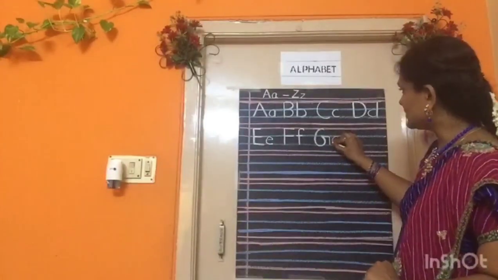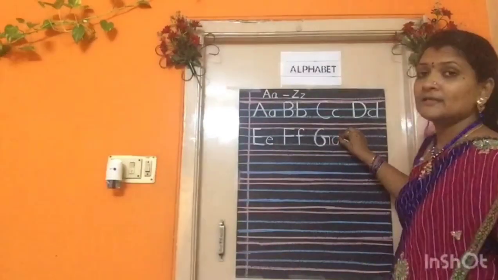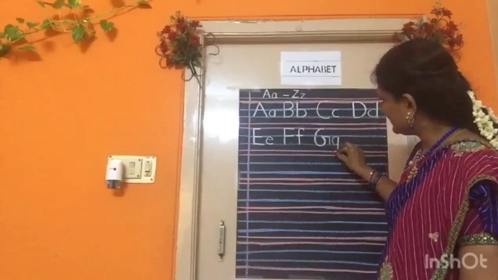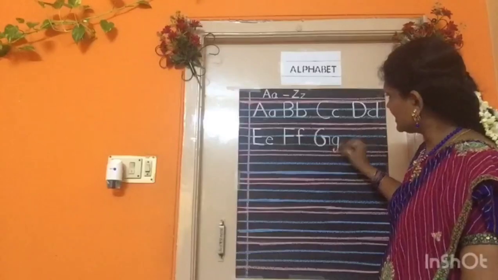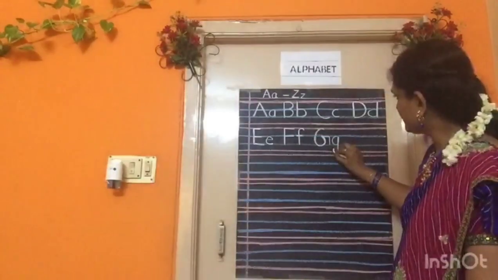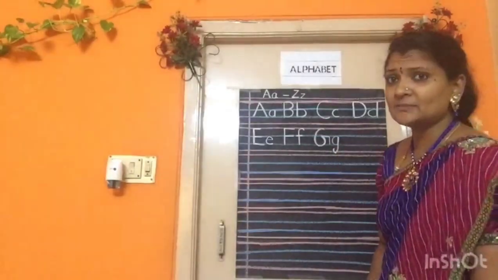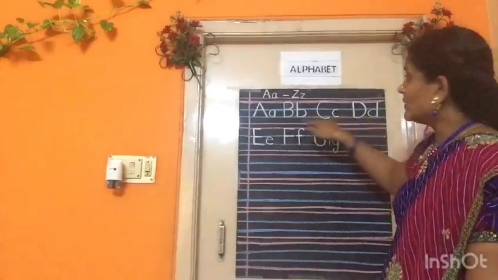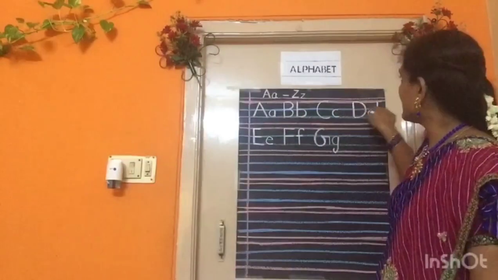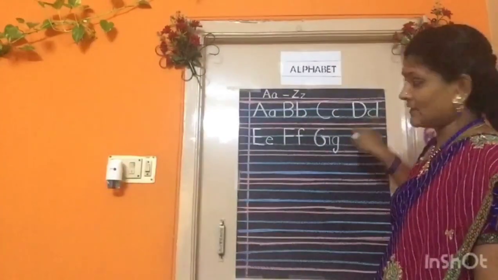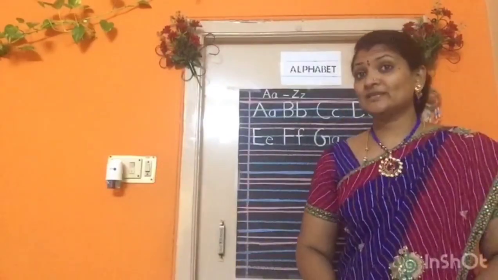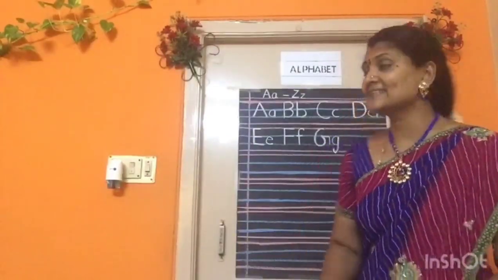Left curve in the 2 blue lines, then come down, vertical line, and turn like a sprinkle. Small g. But see, all the letters are within the blue lines or on the first pink line. But here, this g is hanging down. So it is called a hanging letter.